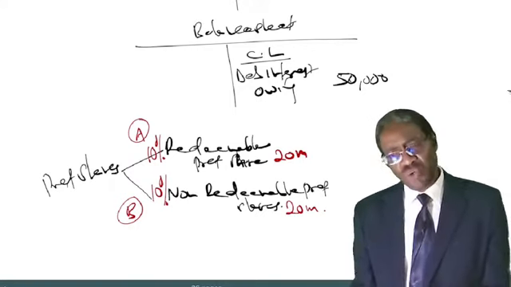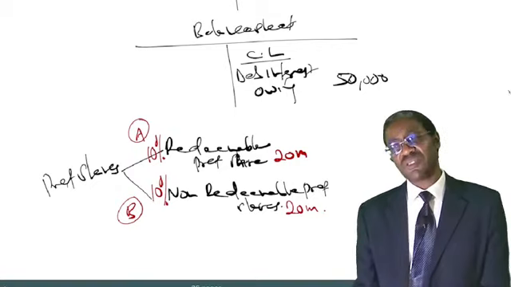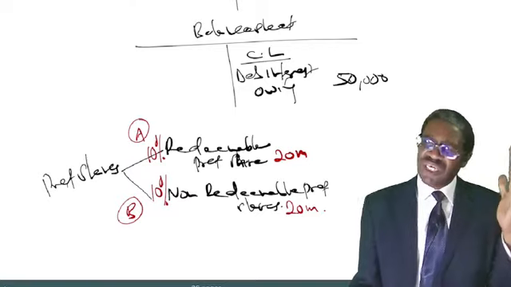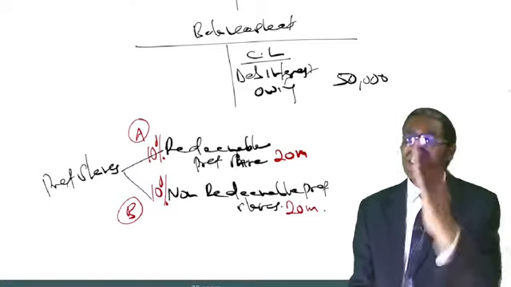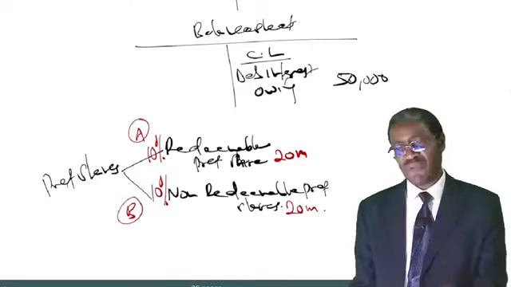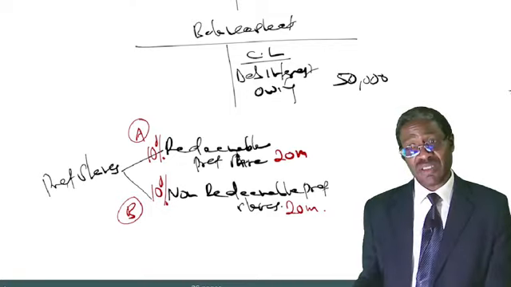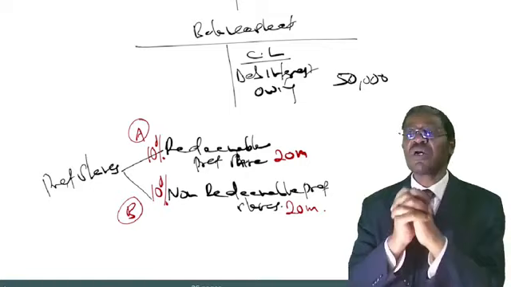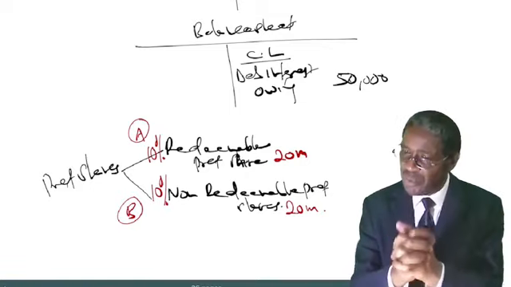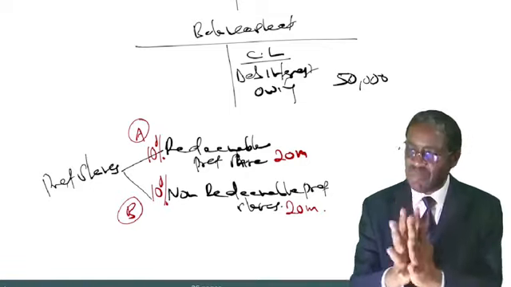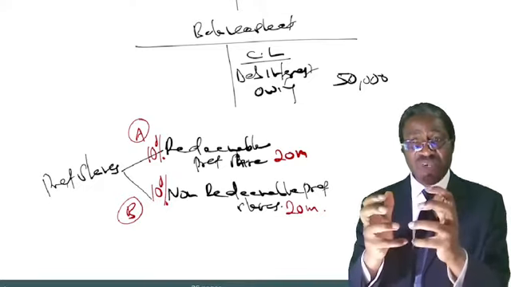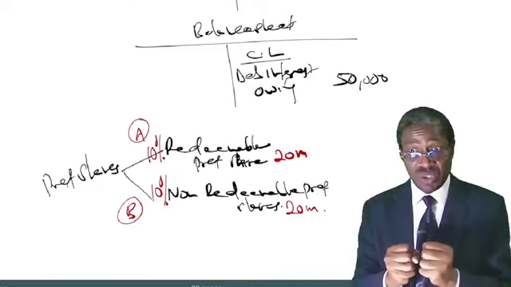Of course, as a student, you know that if your company issued redeemable preference shares, those are shares that can be redeemed back. You as a company can buy back your shares. Redeemable means you can buy back those shares.